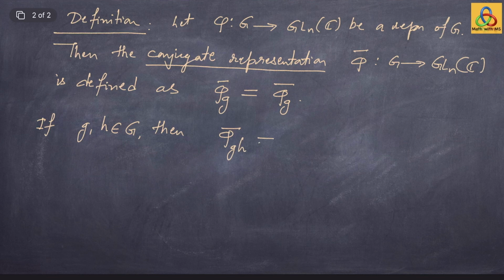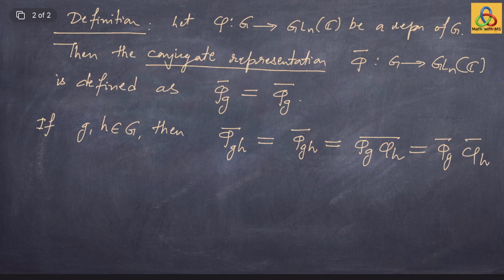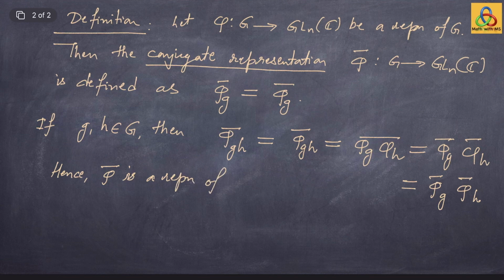By definition that is the same as phi of gh whole bar, but phi is a homomorphism, so that is the same as phi g into phi h whole bar, but this distributes, so that is the same as phi g bar into phi h bar, and that is the same as phi bar of g into phi bar of h. Hence phi bar is a representation of the group G.